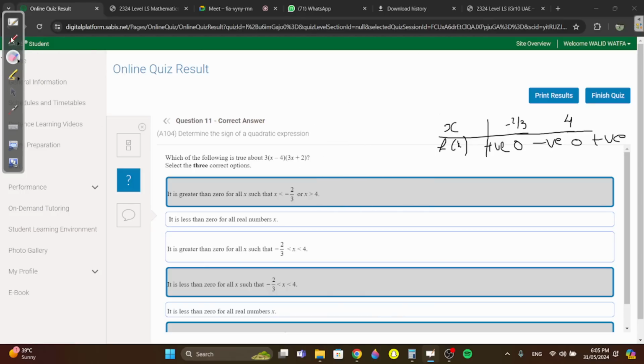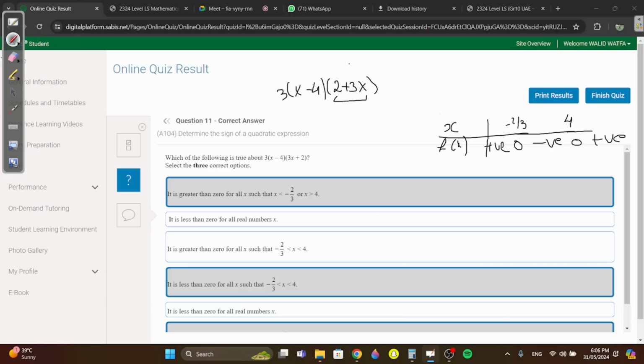Maybe they give you something like 3x minus 4, then 2 plus 3x. What's wrong here? I'll tell you what's wrong. Look at the second one. Why is it flipped? If it's flipped, that means your quadratic is negative.